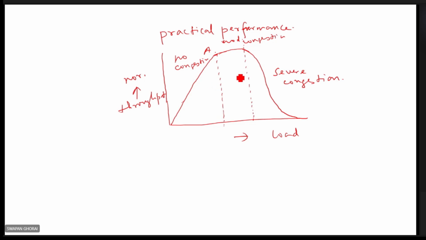Now, if you still increase the load, the packets in the packet switching nodes are stored in a queue, so the queue length will increase. One point will be reached, that is B, beyond which the throughput actually drops with an increase in the load.